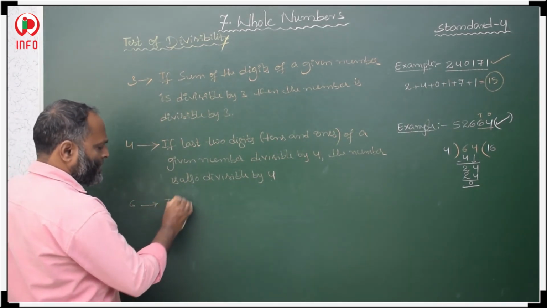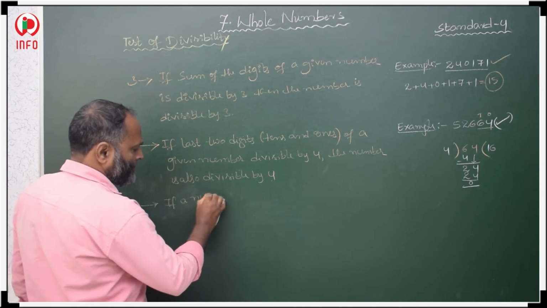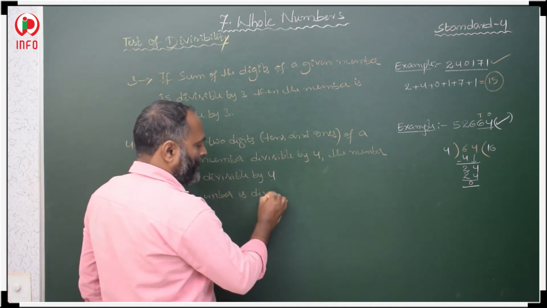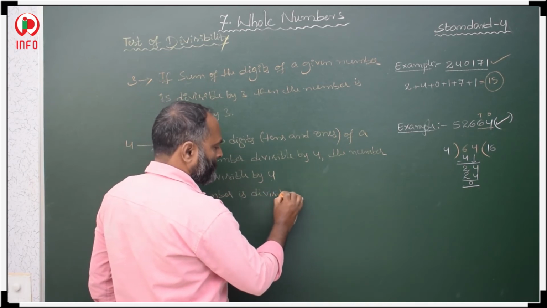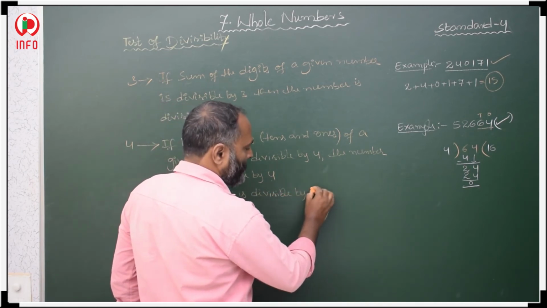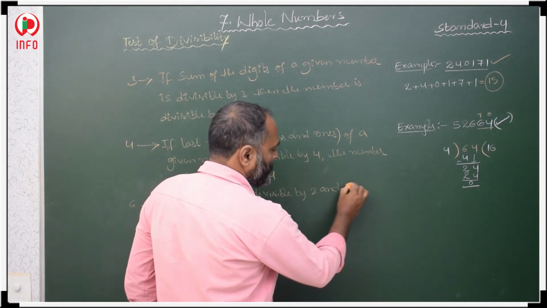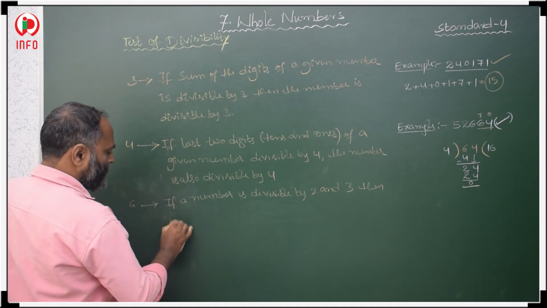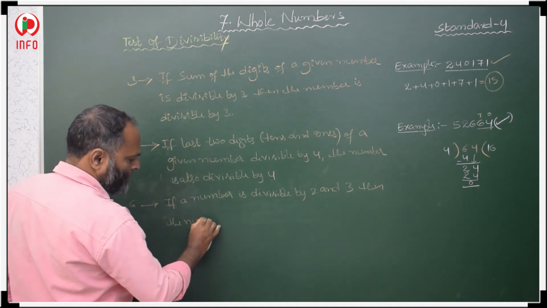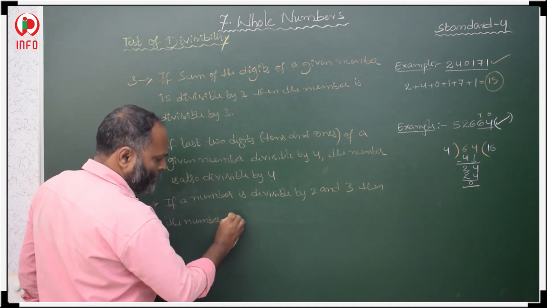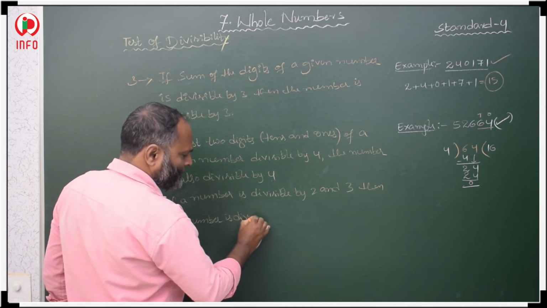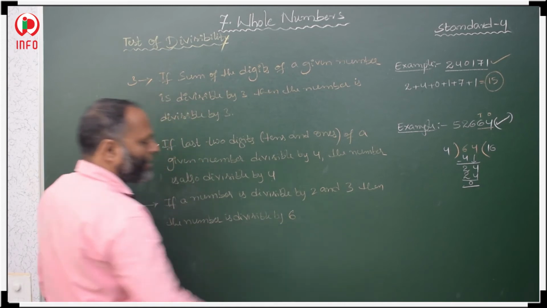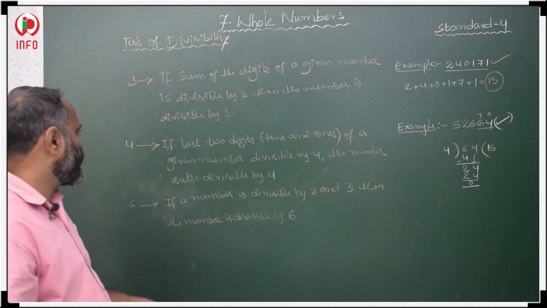If a number is divisible by 2 and 3, then the number is divisible by 6. So that is the condition for divisibility by 6.